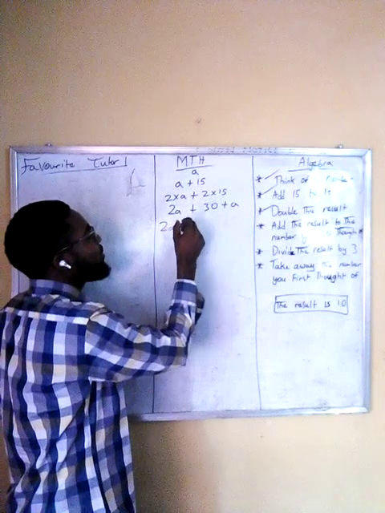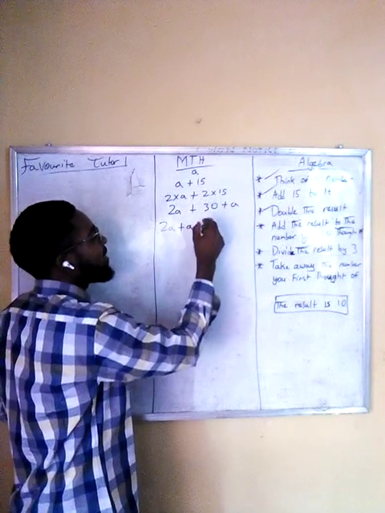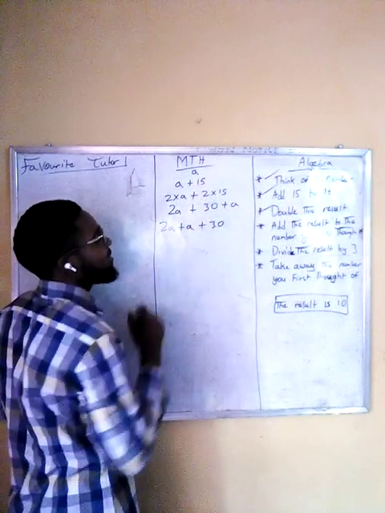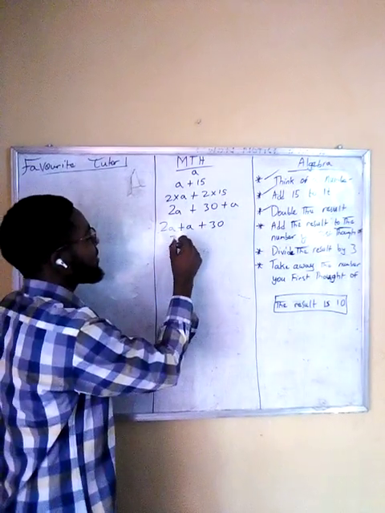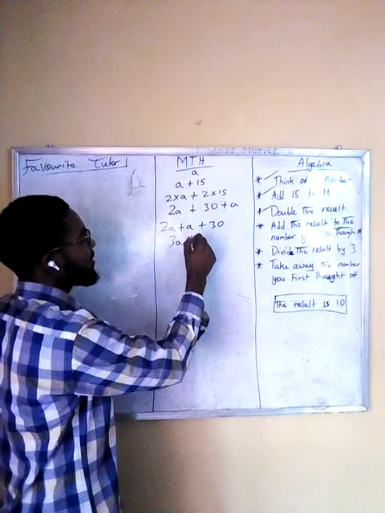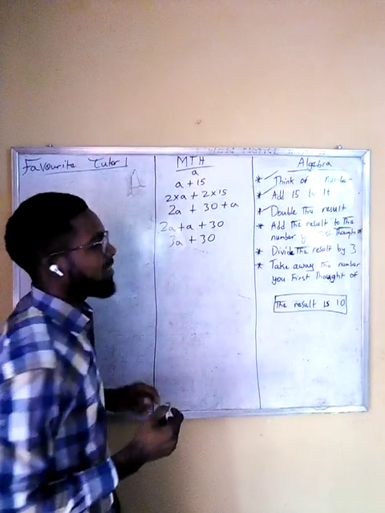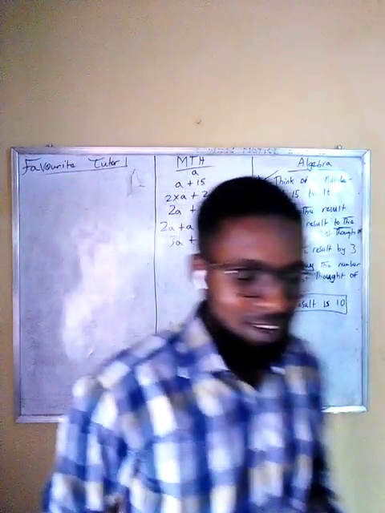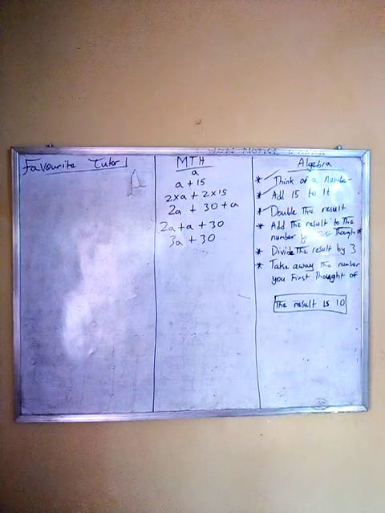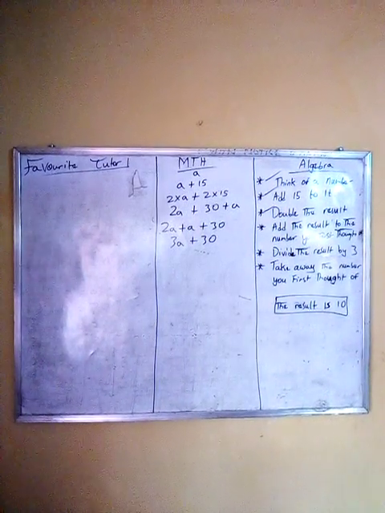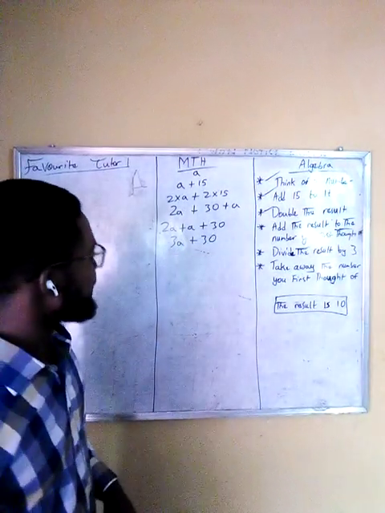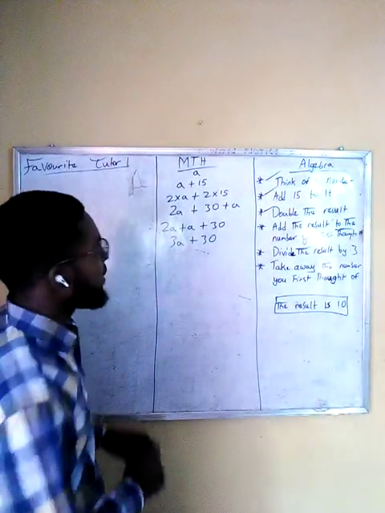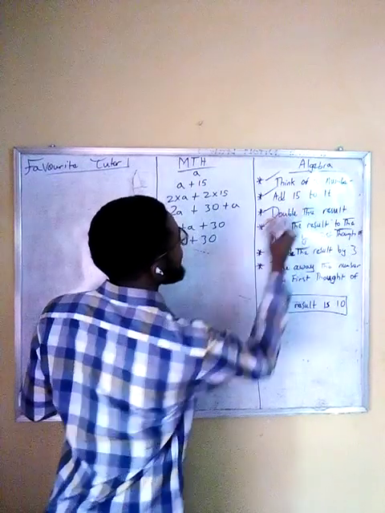So this is what? 2A plus A plus 30. 2A plus A is what? 3A plus what? 30. Okay, so therefore that's 3A plus 30. All right, so we have done this.